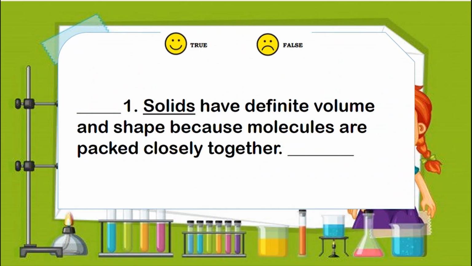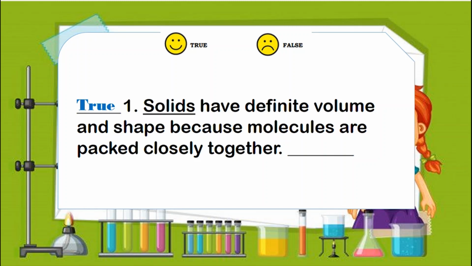Okay, true or false? Solids have definite volume and shape because molecules are packed closely together. The answer is true. So, pwede na ninyo dili isulat ang blank kay true naman ang answer.